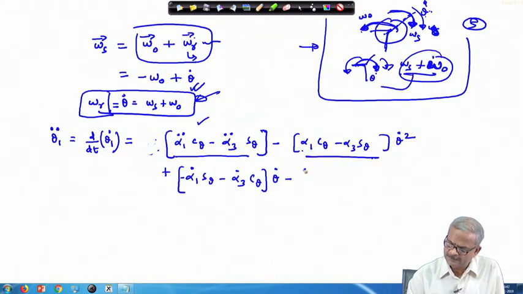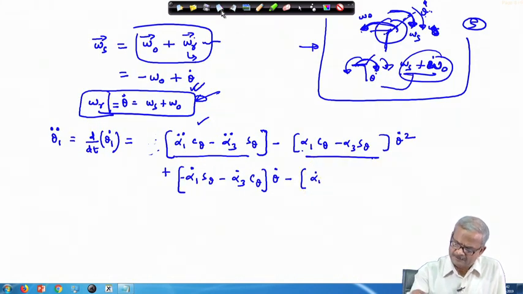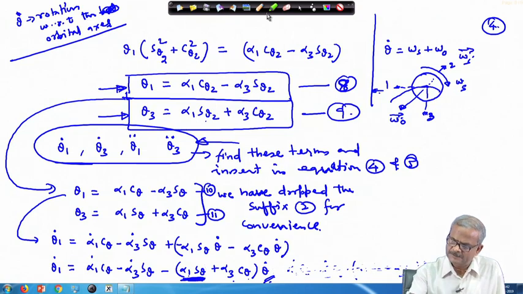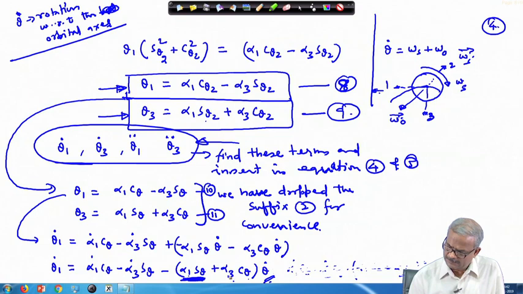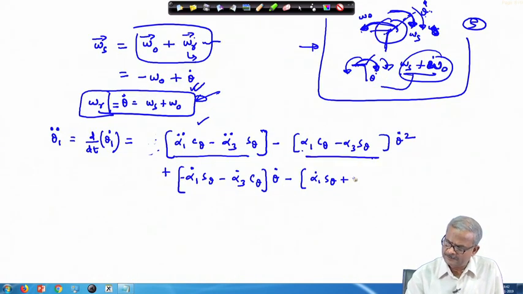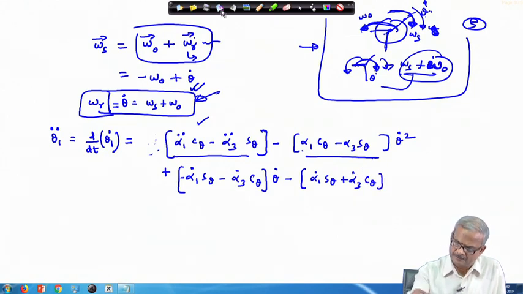So, this is minus alpha 1 dot times s theta, and then alpha 3 times alpha 3 dot times c theta plus alpha 3 dot times c theta times theta dot. So, these are the terms we have got here.